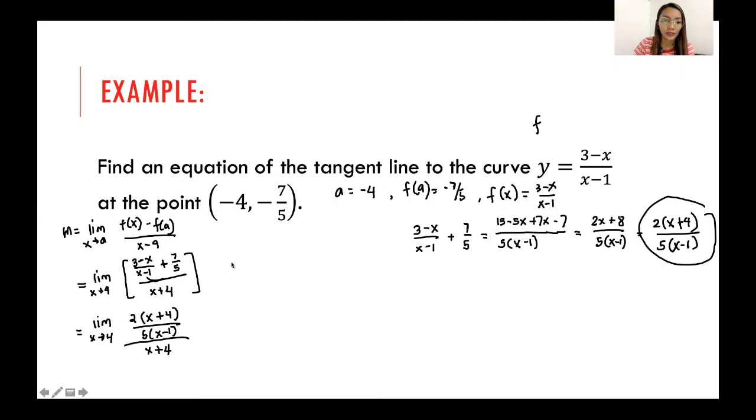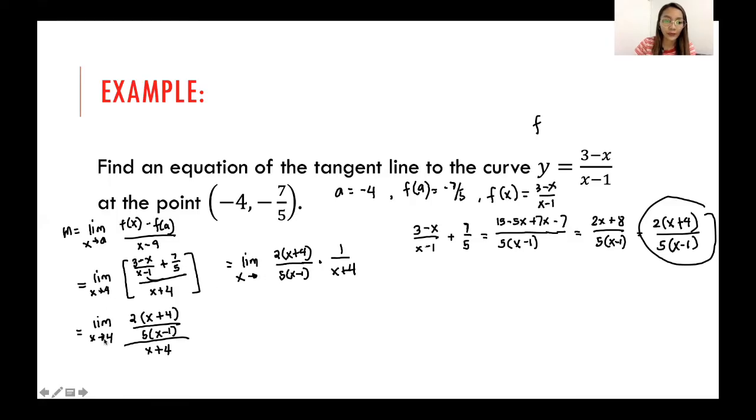So, magiging siyang the limit of 2 times (x plus 4) over 5 times (x minus 1), times 1 over (x plus 4), as x approaches negative 4, ito ha, negative 4, sorry.